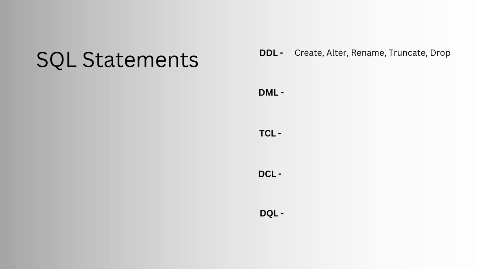So using create, we can create a table, a sequence, a synonym, a procedure, a function, etc. Using the alter command, we can modify an existing object. That means modifying a table name, modifying a column name of a table, or modifying a data type size of a table. Like this, we can perform changes using the alter statement.